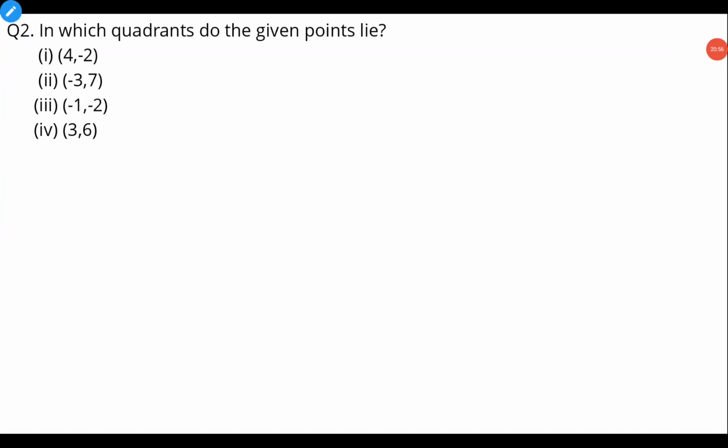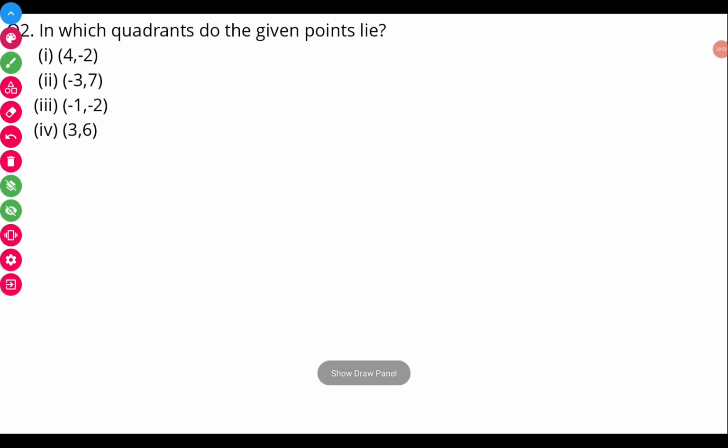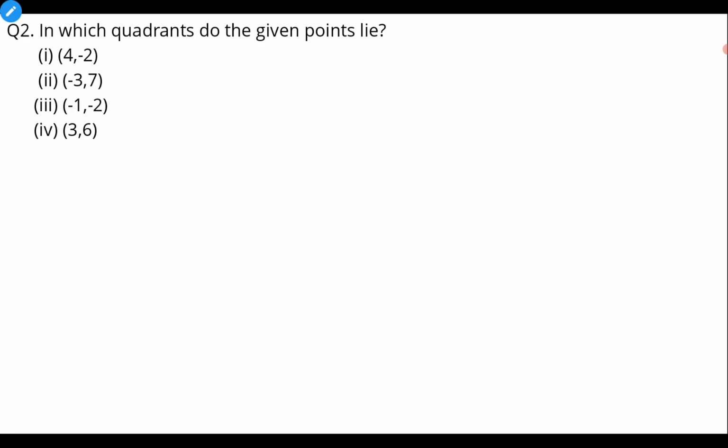Now your second question. The second question says: in which quadrant do these given points lie? So we have already studied the first quadrant, both positive. Second quadrant, x negative, y positive. In the third quadrant, both negative.